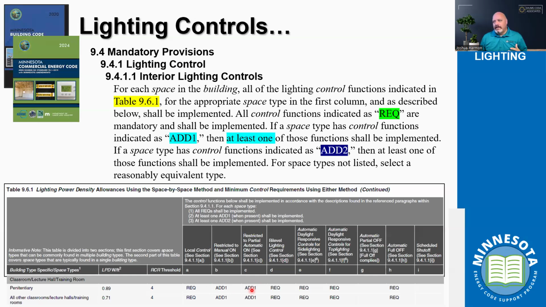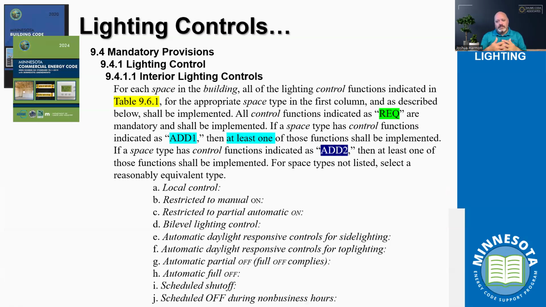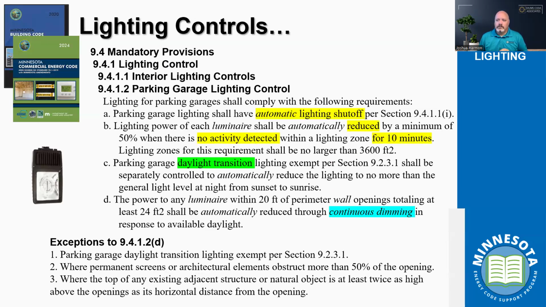But again, each one of those spaces is going to have to go through. Each space is going to say, here are my different types of controls and which ones apply in which zones, spaces, that kind of scenario. And that's a little breakdown of those. But remember, at least one when we add one, and then if it adds for that second, we're going to add that second one as well.